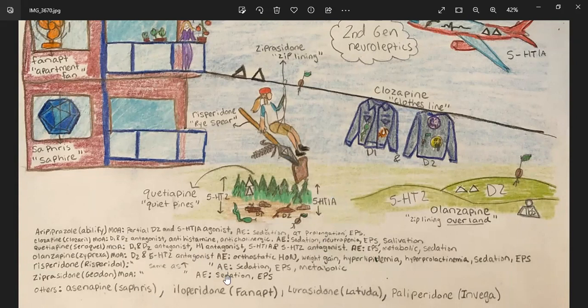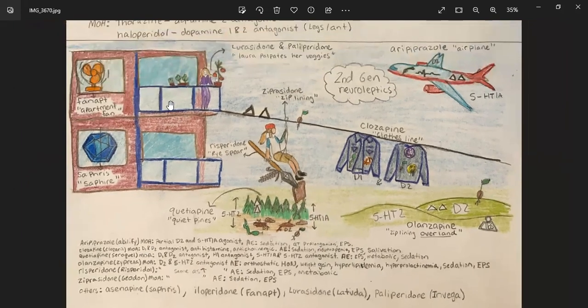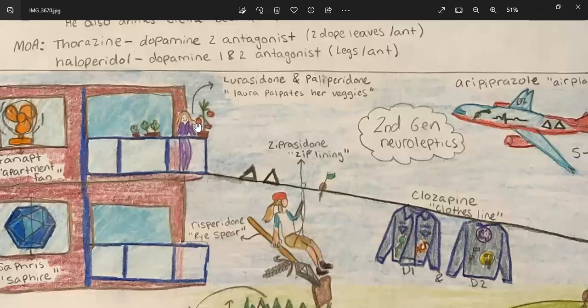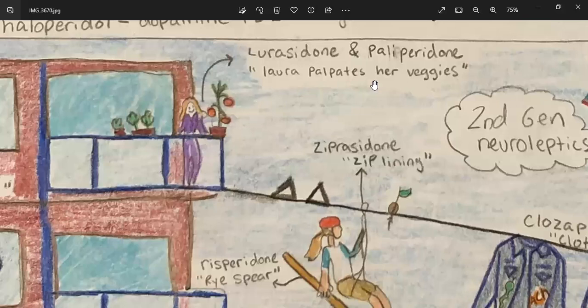And then the last drugs in this category, again, didn't have an MOA or adverse effects listed. They were just at the bottom of the screen. And so that's what the rest of this apartment is going on here. So we have this apartment complex and we have Laura who is outside and she is palpating her veggies. So Laura palpates her veggies. That's for lurasidone and paliperidone.